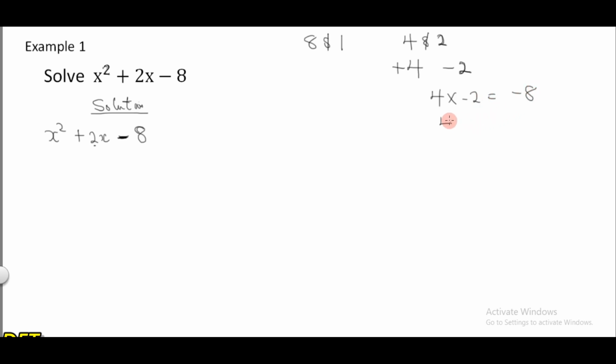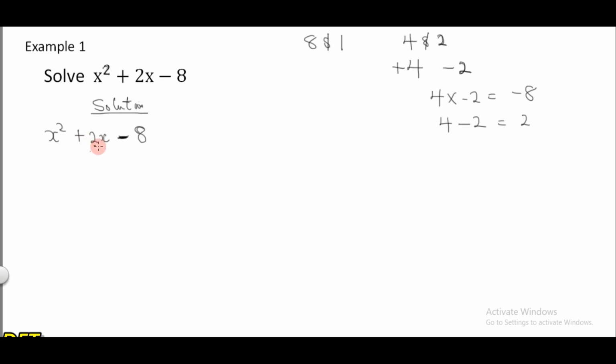Then 4 plus minus 2, plus times minus gives minus, so that will be 4 minus 2, which is equal to 2. So the factors that satisfy this factorization are 4 and minus 2.